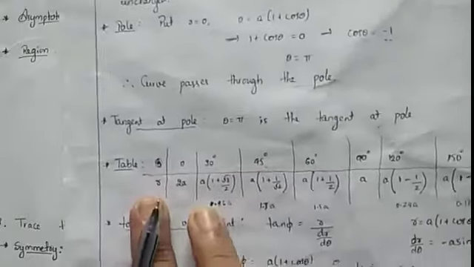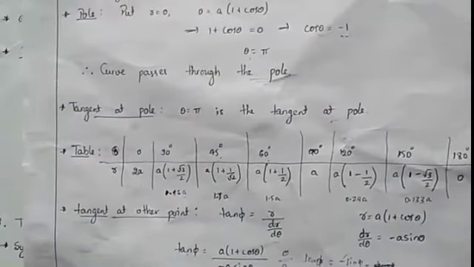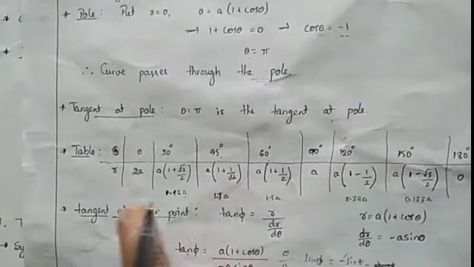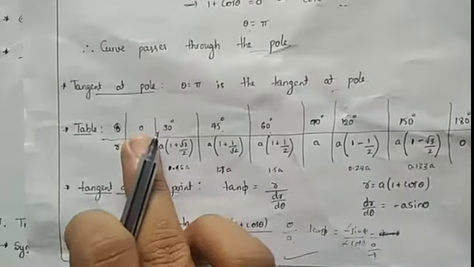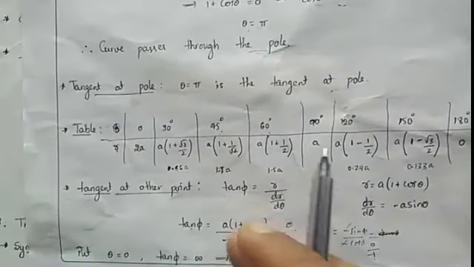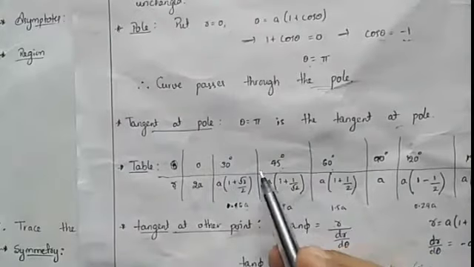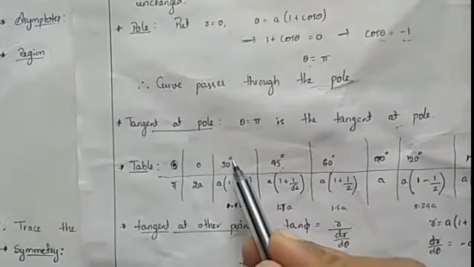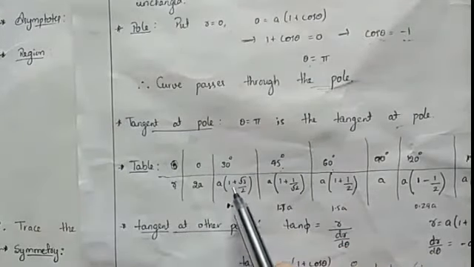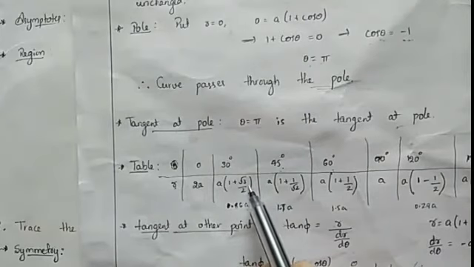Okay. The next one is the table. For the value of the theta, we get the value of r. For theta is equal to 0, we get the r value is 2a. For the theta value 30 degree, we get the r value is a into 1 plus root 3 by 2. It is nothing but 1.86a.